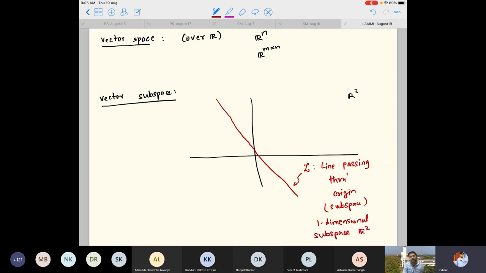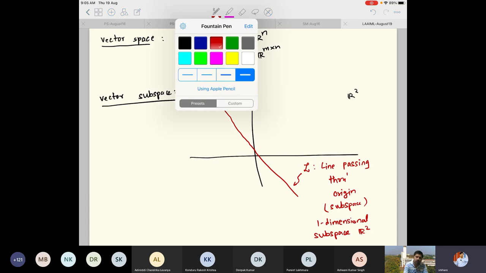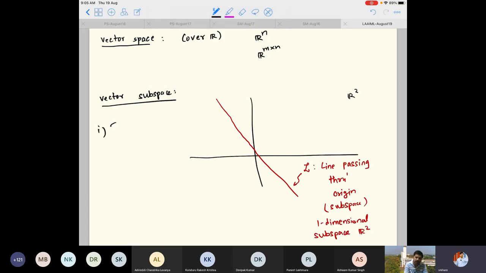So what are all possible subspaces in R2? All possible subspaces in R2 are the trivial subspace, the origin, the zero subspace. The second is lines passing through the origin, so any such line you consider is a subspace. And the third example is R2 itself, the entire space.